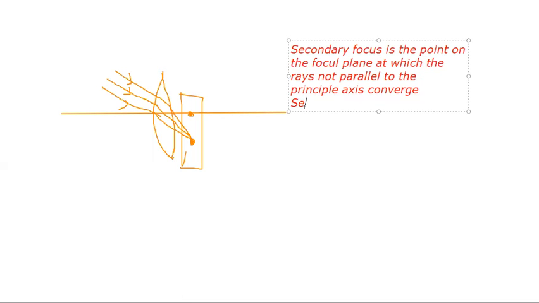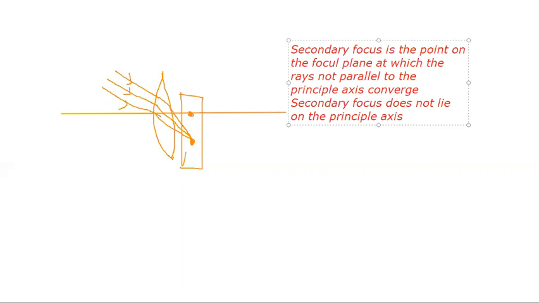Secondary focus does not lie on the principal axis, right? So there may be different types of foci.